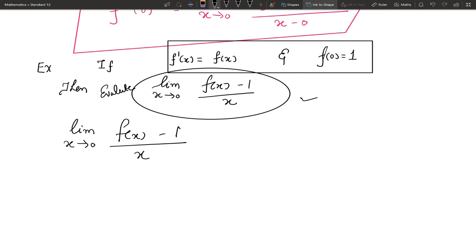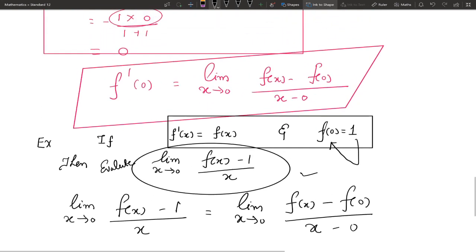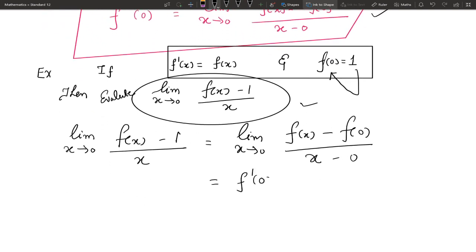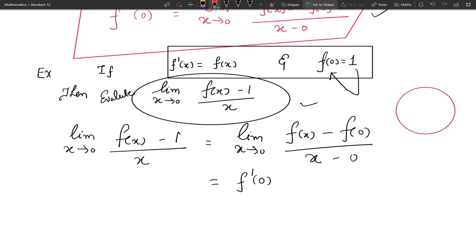For 1 we can write f of 0. So this is nothing but limit x tends to 0 f of x minus f of 0 upon x minus 0. We can write denominator as x minus 0. This is nothing but f prime 0. But we have given f dash x equal to f of x.